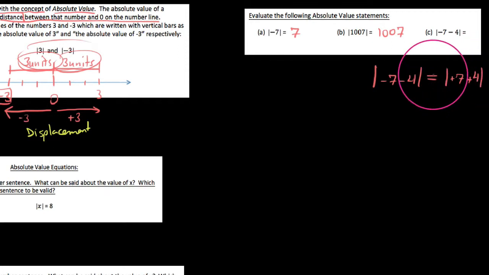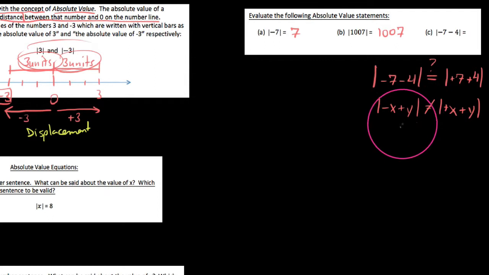In this case I get the same thing, but the question is, in general, what would happen if I had something like negative x plus y? Should I make this a positive x plus y? And the answer is no, not in general.